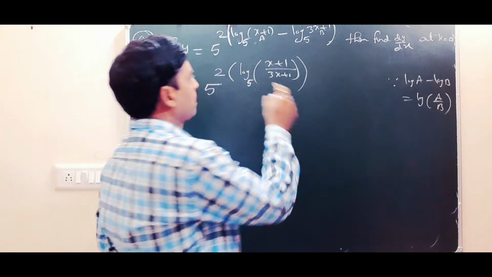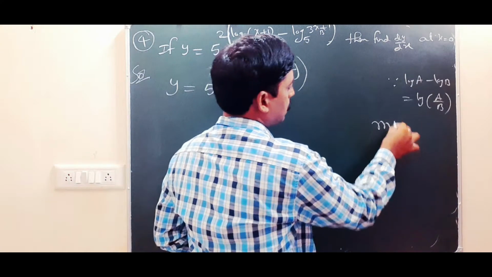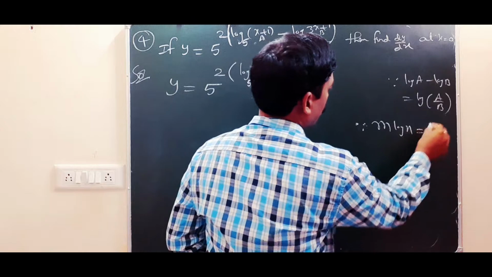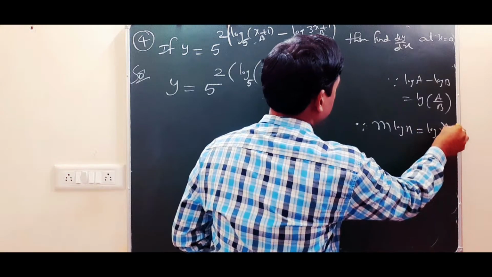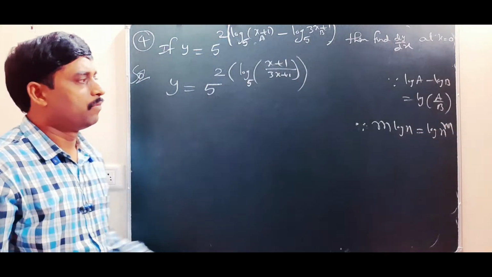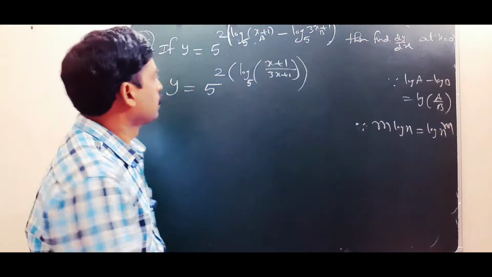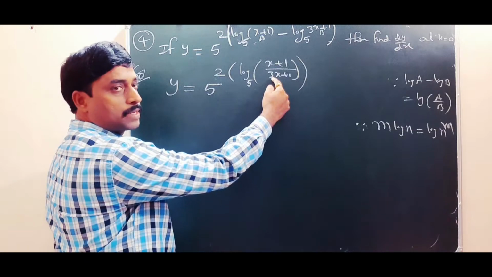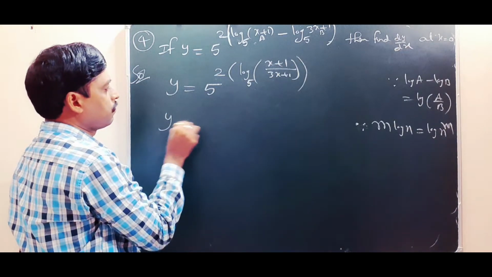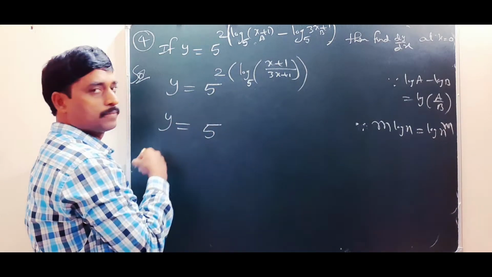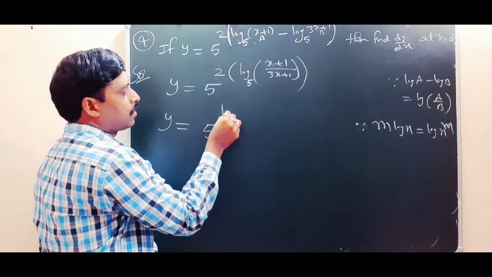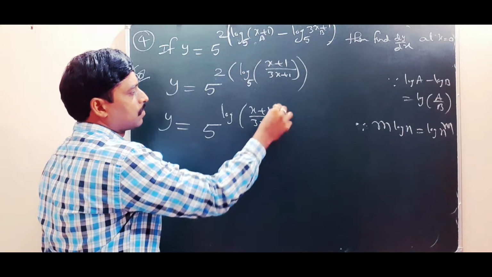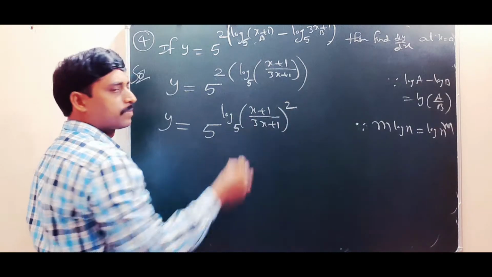Okay, we have m log n is equal to log n to the power m. We should apply this formula. So 2 times log of (x plus 1) by (3x plus 1) base 5 is nothing but y is equal to 5 to the power, log of ((x plus 1) by (3x plus 1)) whole square base 5.